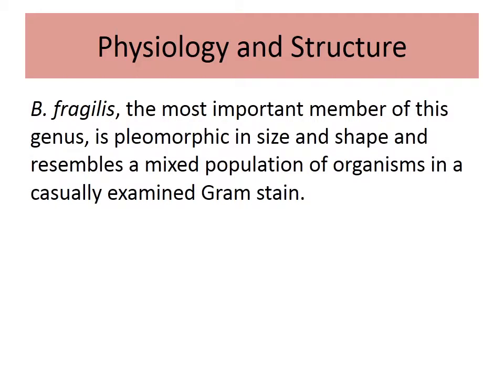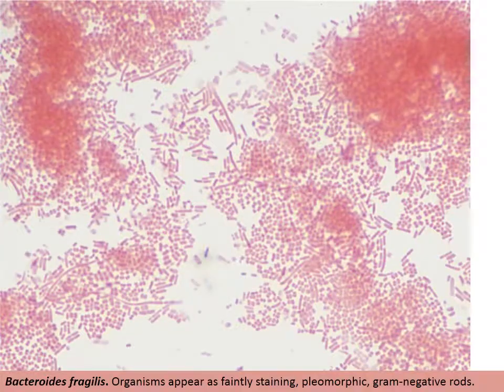Of all the group that we have within this genus, Bacteroides fragilis especially is pleomorphic. As I said, sometimes if you look at the gram staining, you'll see a varied picture. Some of them are coccoid, some of them are rods, and it makes you think that there are many different bacteria.